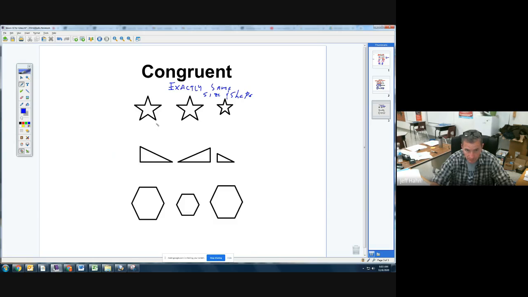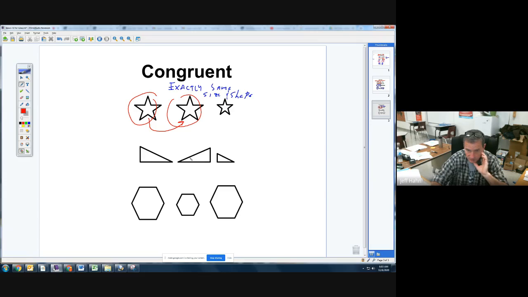So if you're looking at these three stars here, the two that are exactly alike are these two. Those are congruent.